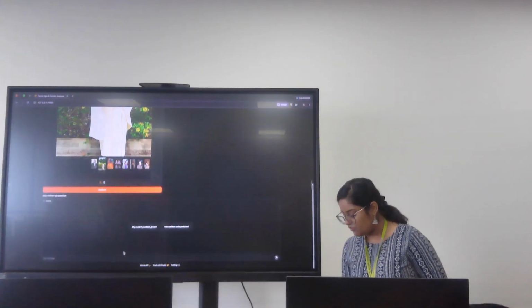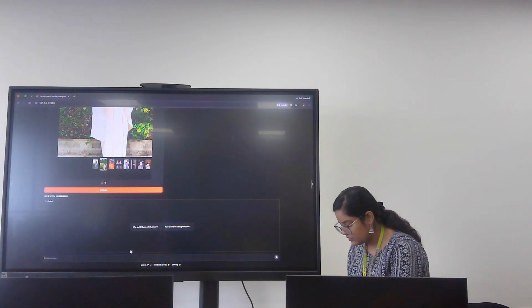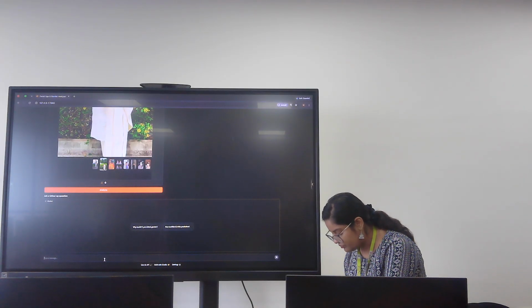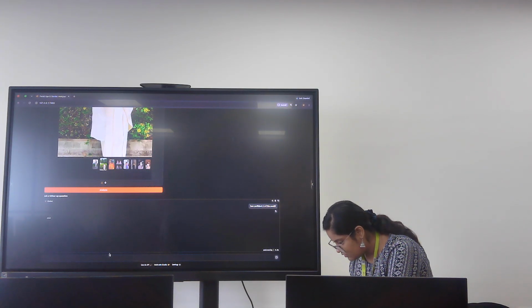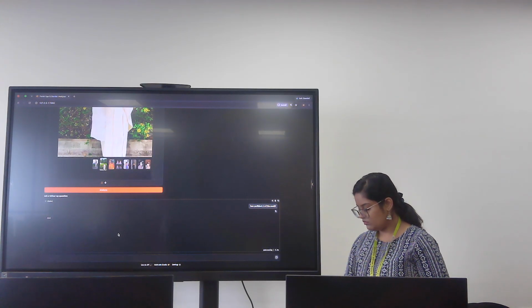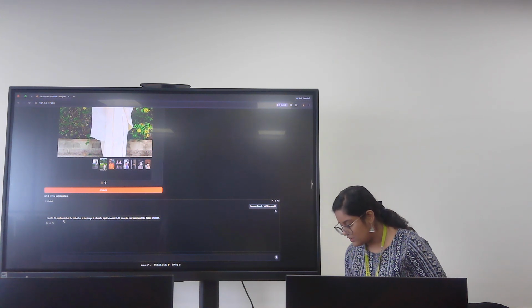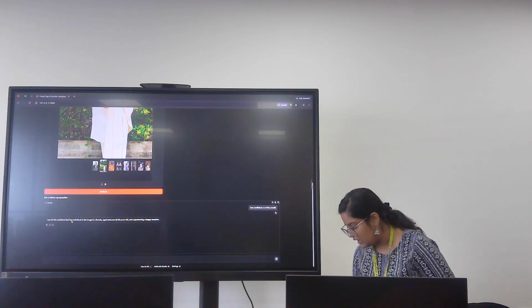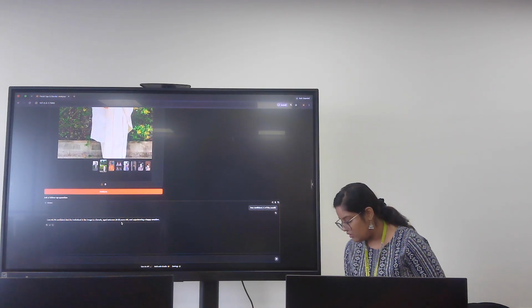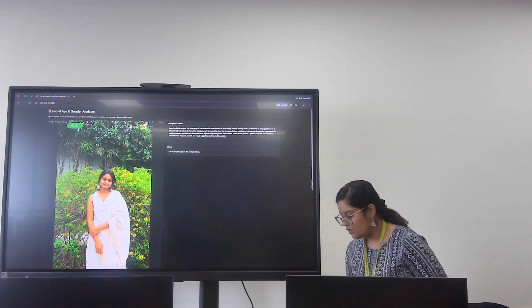If any question is there, we can ask over here. For example, it's saying I'm 95.6% confident that the image is a female, and she's aged between 20 to 30 years old and experiencing a happy emotion.